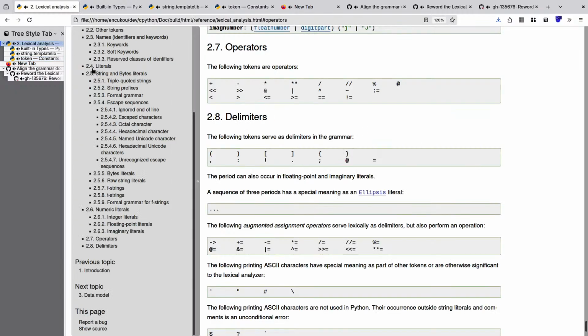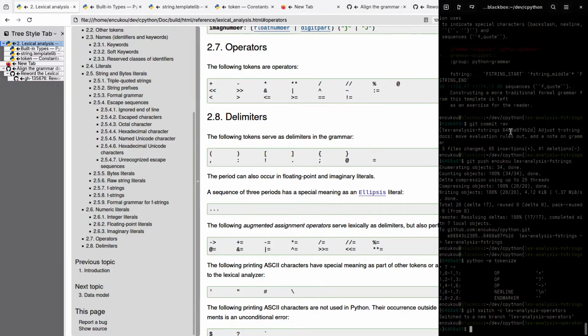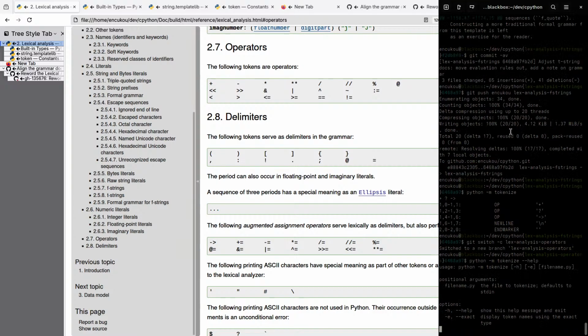Well, this is why I'm thinking slightly pedantically, because from the tokenizer's point of view, the following tokens are operators. Actually, it's just token.OP, and the following characters are recognized by the tokenizer as token.OP, right? Well, that depends on the mode.